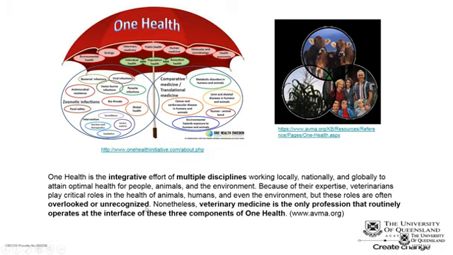We also start to look at the role that veterinarians play, and this is of particular interest to you as a group of students studying veterinary science, and that is that we look at whether this area is overlooked and unrecognised. Then we've got this statement at the end that says that veterinary medicine is the only profession that routinely operates at the interface of these three components.